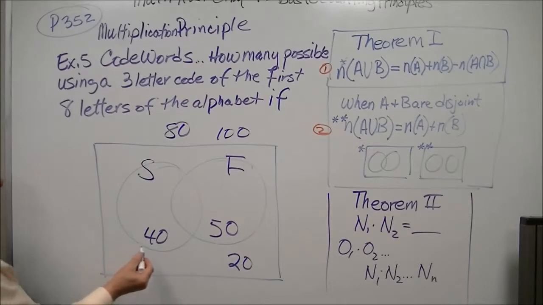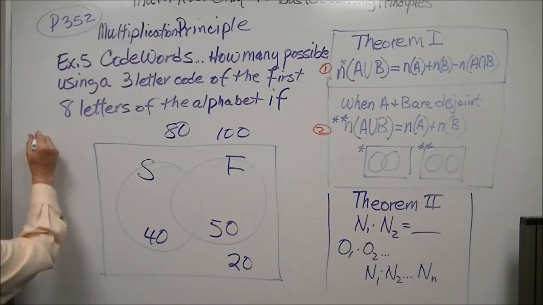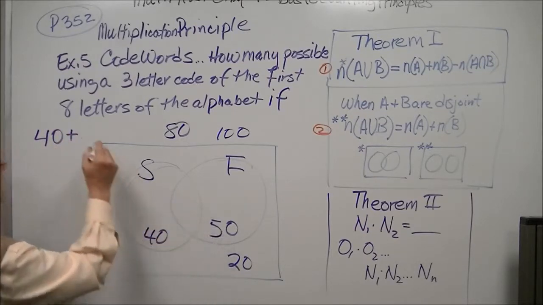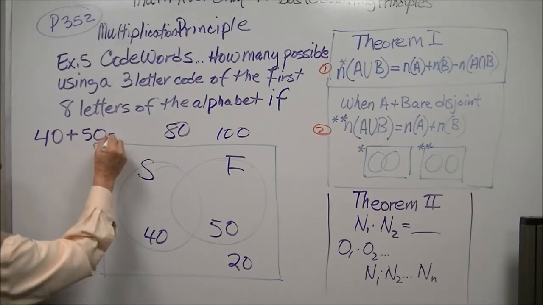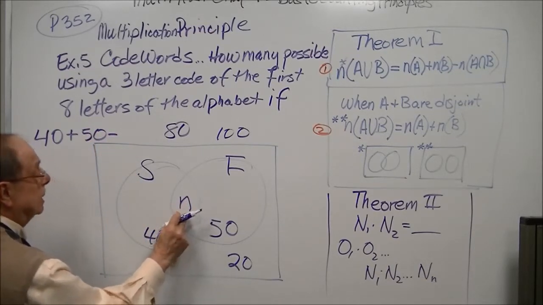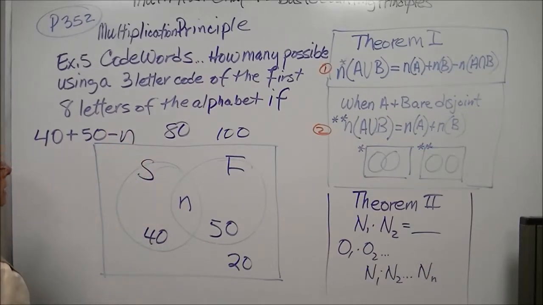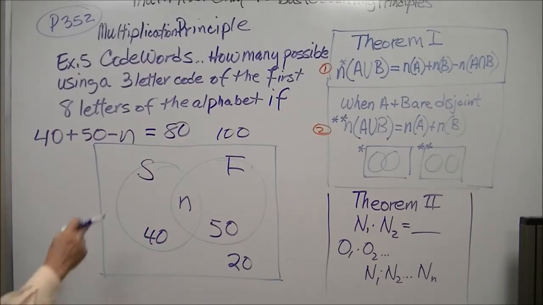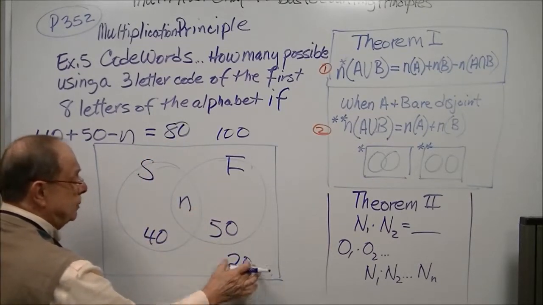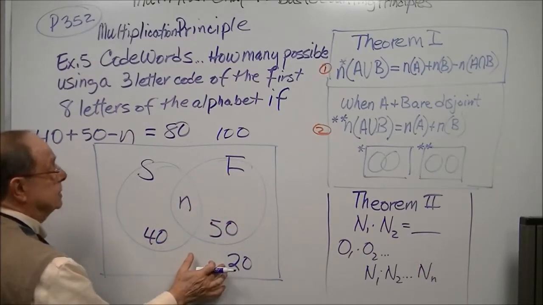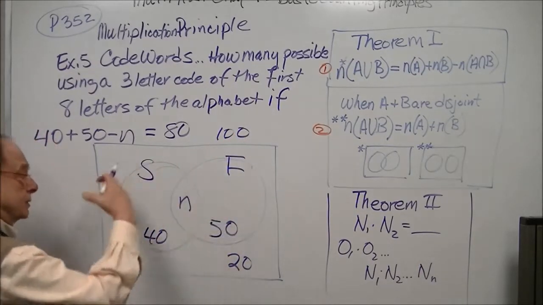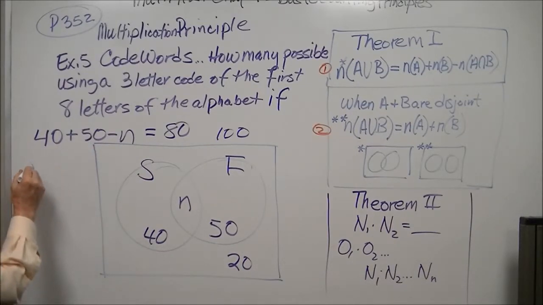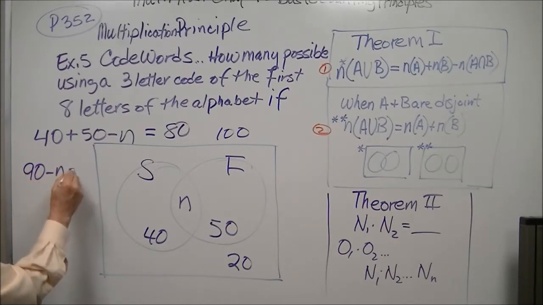So now what we have to do is we're going to go 40 plus 50 minus this group in the middle here, which is going to be n, and that's going to equal the 80. How did we get the 80? Well, we subtracted the 20 who didn't speak either of these languages from 100, which was our total group on the trip. So we then find that we have 90 minus n equals 80.